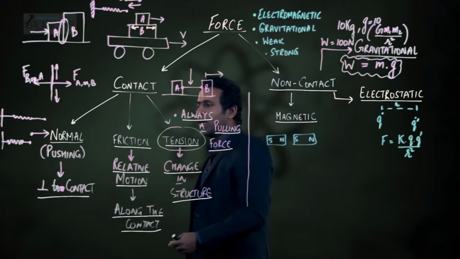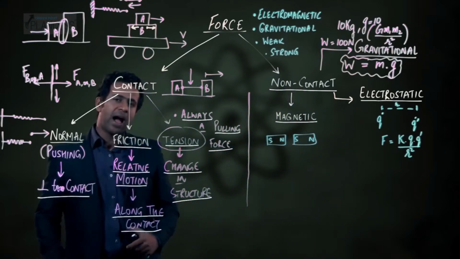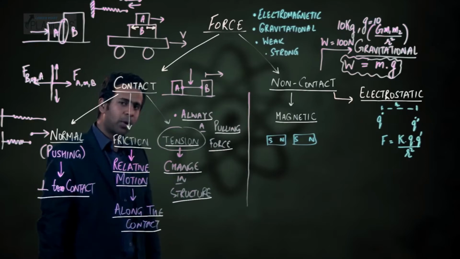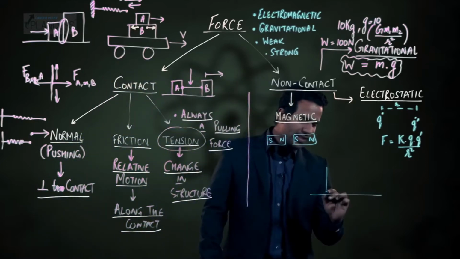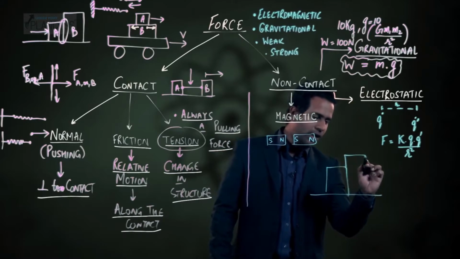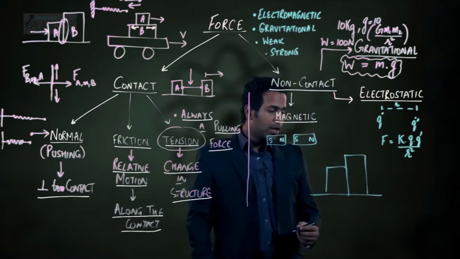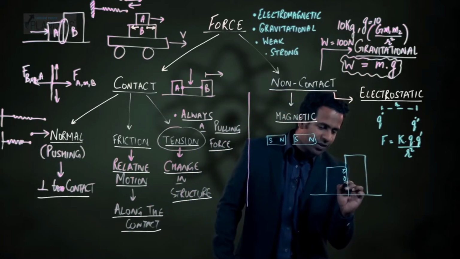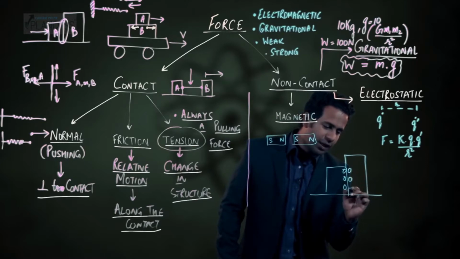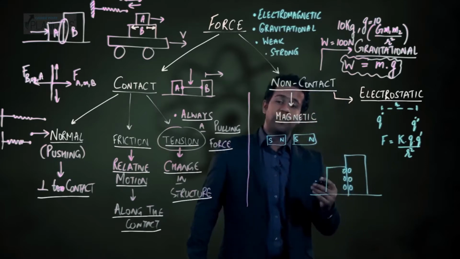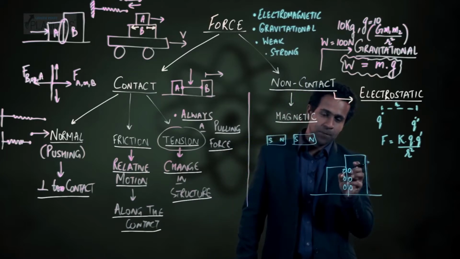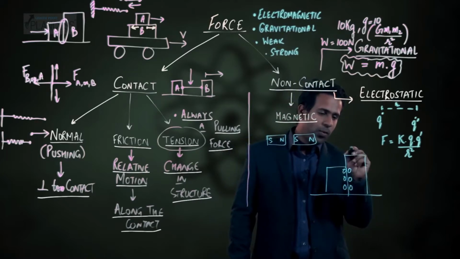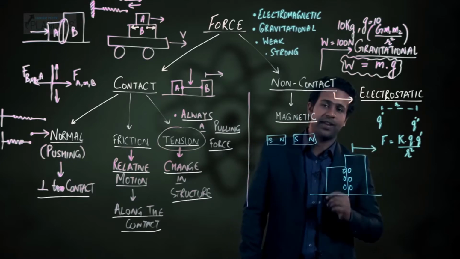Let's think about the normal force. How does a body push another body? Now, this happens when, say, this block is in contact with this block. So the atoms of this block are now very close to each other. If you try to push them further, the repulsion between them is the reason why this block is pushed away.